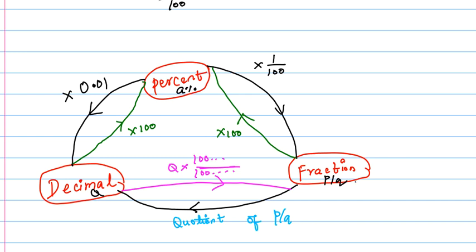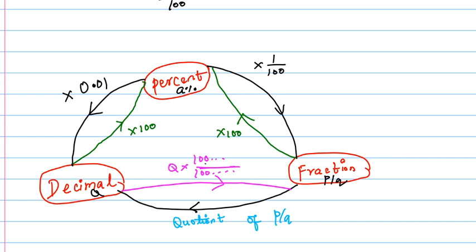Now I am going to tell you how to convert decimal to fraction and fraction to decimal. If you want to find the decimal value of a fraction, you have to find the quotient of the division p by q. From that you will get the decimal. In decimal to fraction, depending upon the decimal value you have to multiply and divide by the particular value, 100, 10 or 1000.